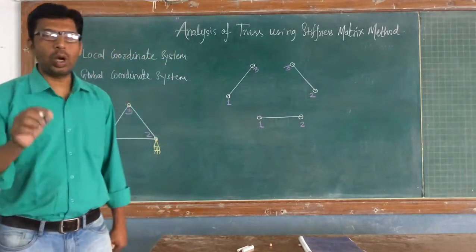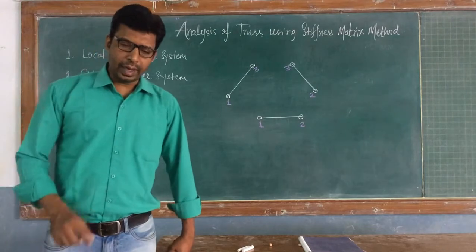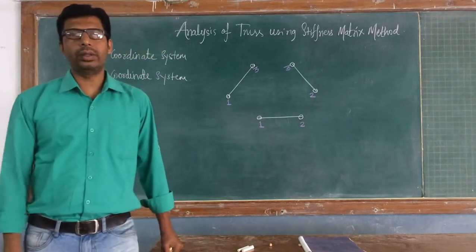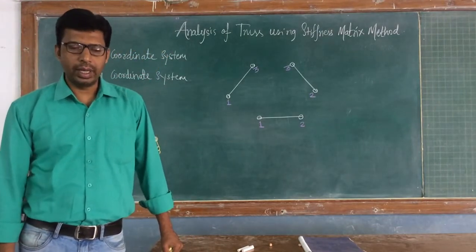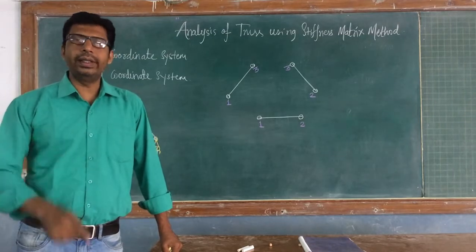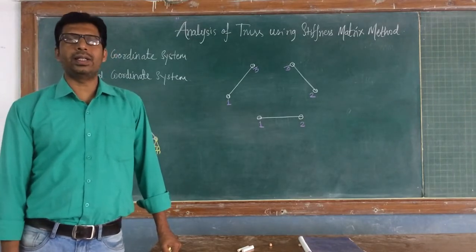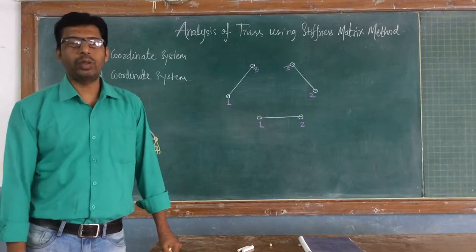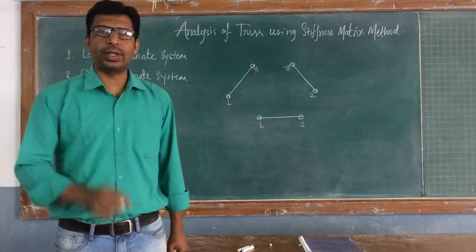When we represent one member, for every member the x and y coordinates will change. So that is called the local coordinate system.